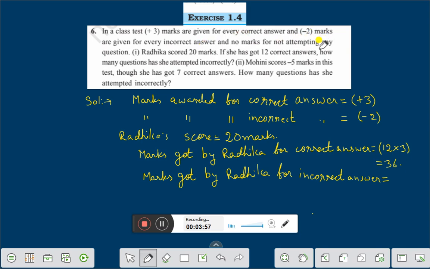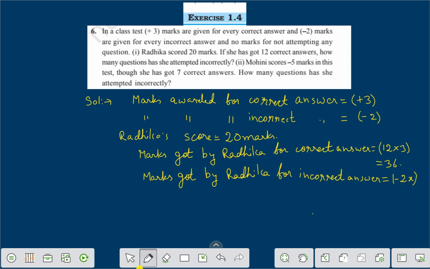Suppose the number of questions she attempted incorrectly is x, therefore it will be minus 2 into x, minus 2x, right? Therefore the marks got by Radhika for correct answer plus marks got by Radhika for incorrect answer will be added to get the total score.